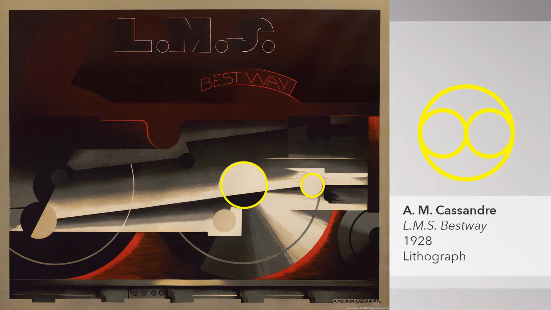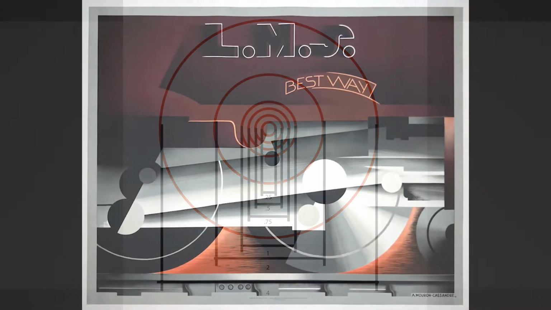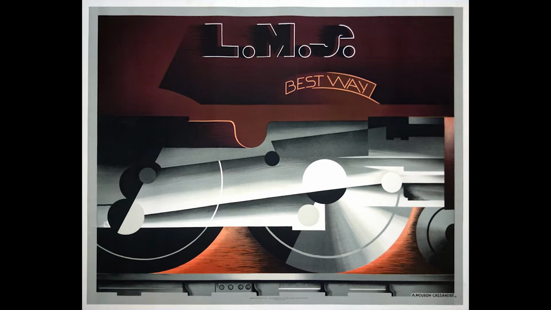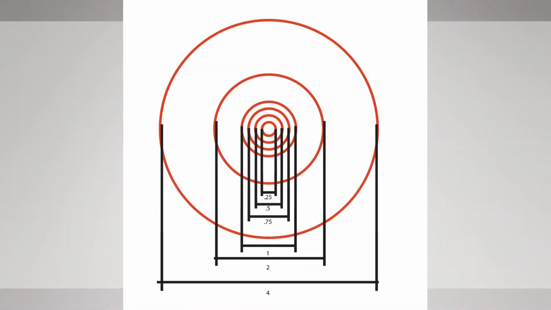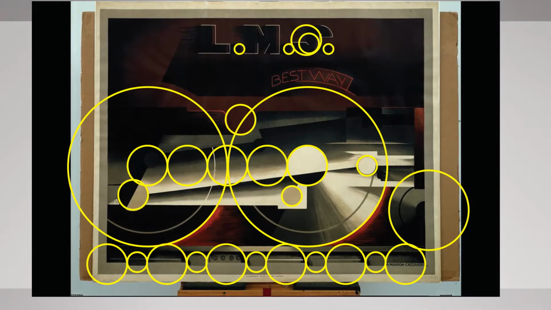It's exactly half the size of that larger circle. The entirety of the wheel is very specific units of circles, and even the dots in the LMS at the top are exactly three to that. So he's using this structured measurement of the circle throughout the entire piece as a way of unifying it. He's just very clever about how he uses that structurally.